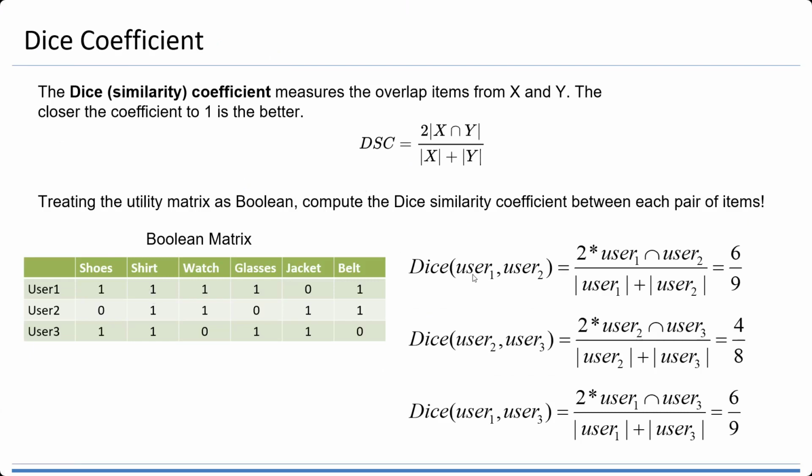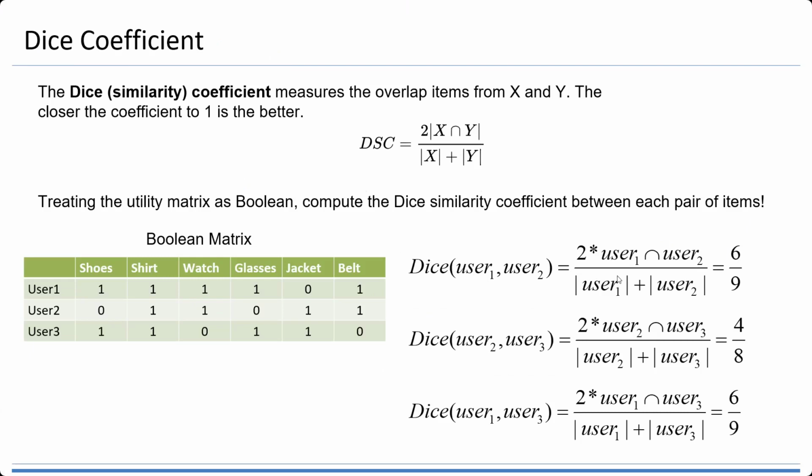The dice of user 1 and user 2, you will see here, 2 multiplied by the length of user 1 and user 2 which intersect. User 1 and user 2 intersect means, okay, shirt, watch, and belt. So 2 multiplied by 3, it is 6. And then divided by the length of user 1.